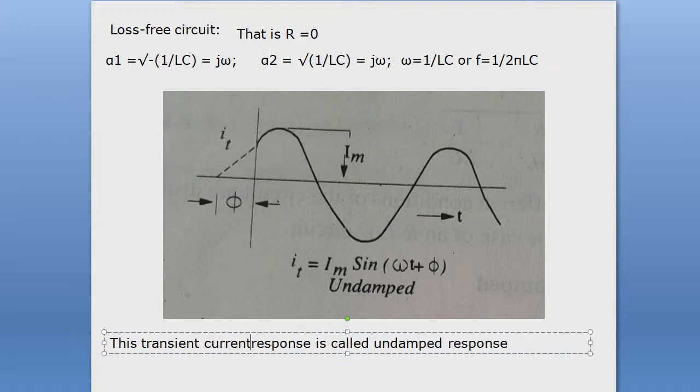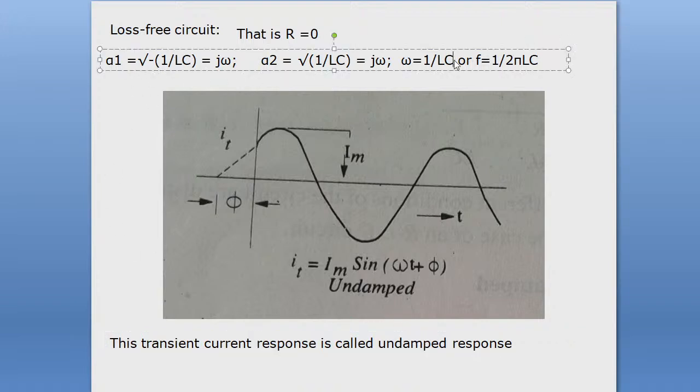And you know i of t equal to C dVC(t)/dt. So ultimately you will get the expression of i of t, the transient response, and from that response we can write i of t equal to Im sin omega t.